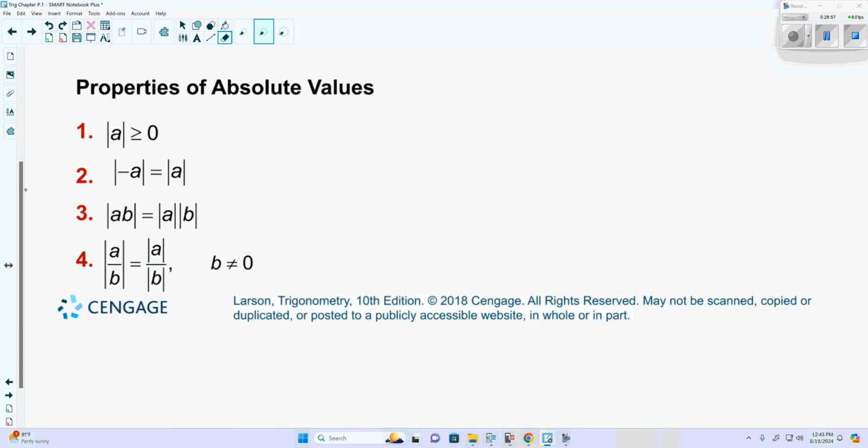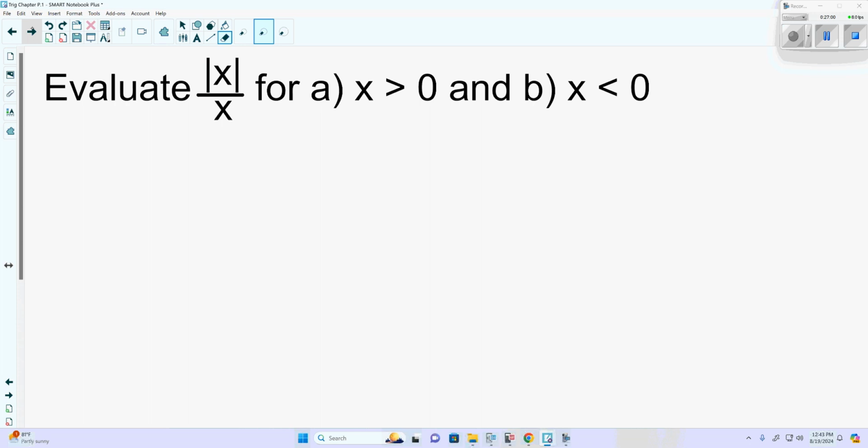Now, we can apply some of these here. We're not going to focus too much on it, especially with the homework. But we'll see with this here. So we want to evaluate the absolute value of X divided by X, where X is greater than 0. So that means we're talking about X being positive values.